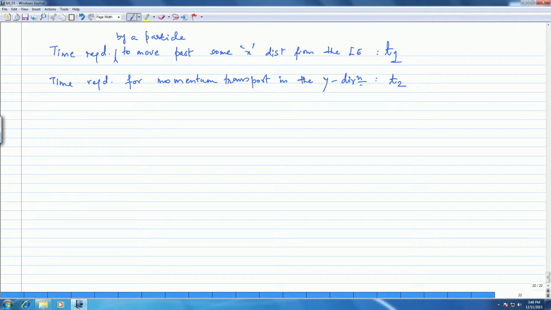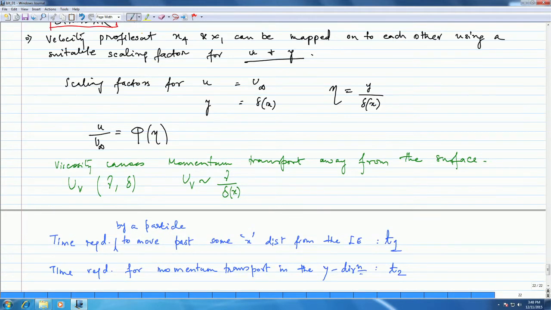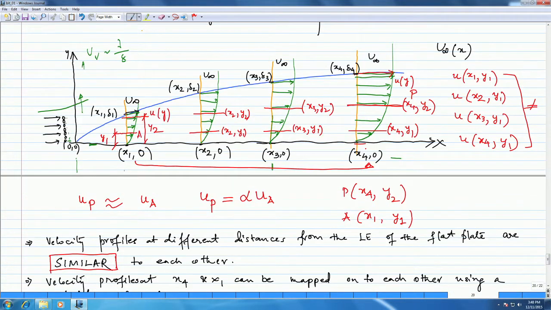Now, the time required to move past some x distance from the leading edge, what should that be? If I say x3, so this is x3, and what is the velocity with which the particle, in the normal case, is required to move in the x direction?